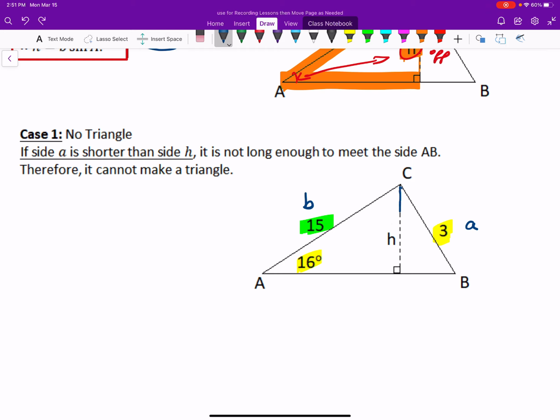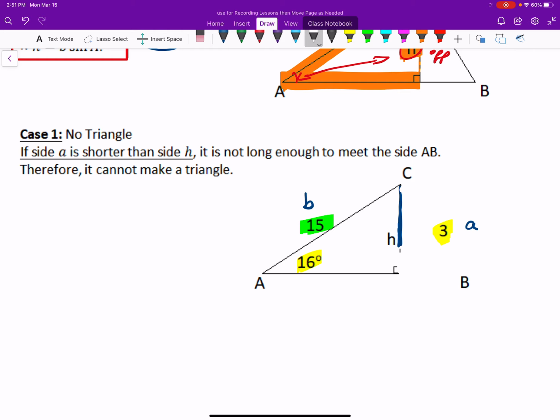Remember that hinge idea? It would just sort of dangle here and never actually make it to the floor. It would just sort of swing back and forth like a pendulum. And obviously this part of the triangle would not even exist.